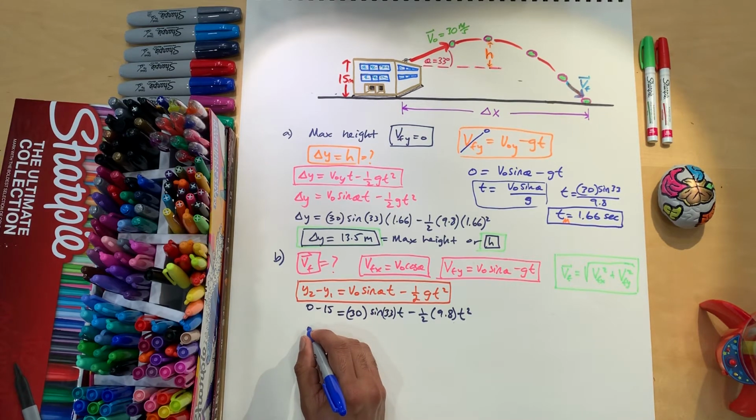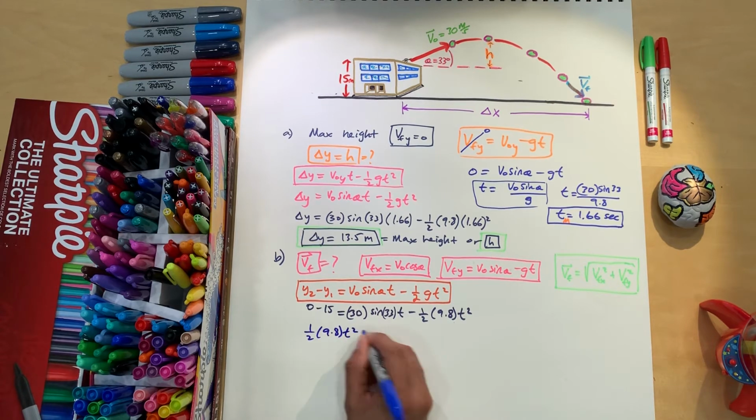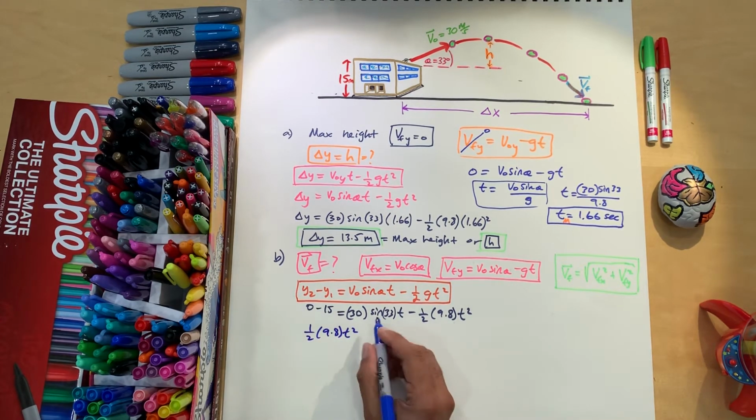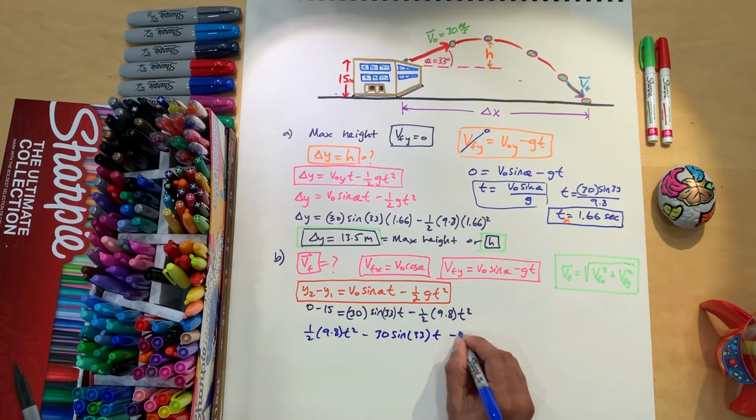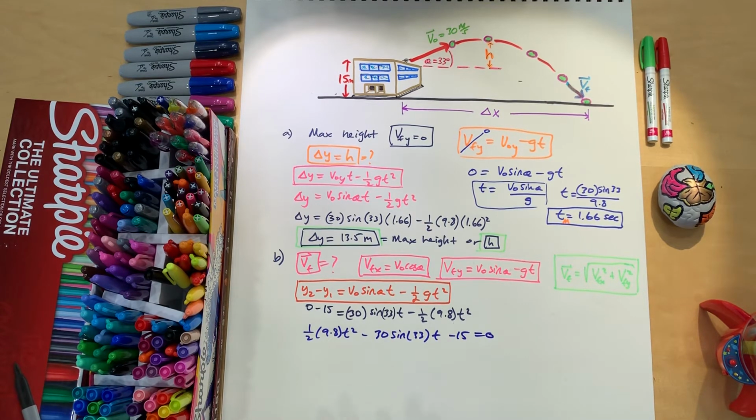I'm just going to rearrange things and see what happens. So I got that, and minus 15 equals 0. Perfect, I like to have it like that.